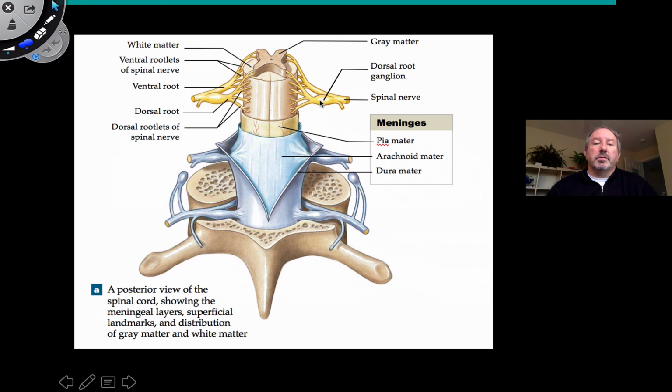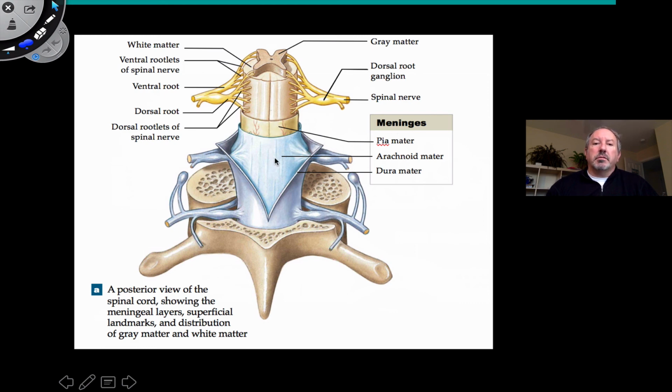Okay, and again, those are the sensory neurons, and then the back over here is the ventral area, ventral root, which is carrying the motor neurons, and then they sort of come together or converge into what are known as the spinal nerves.